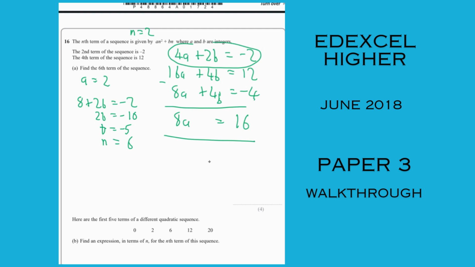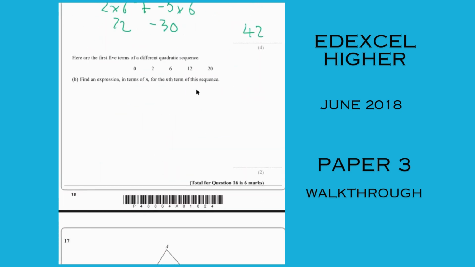A times N squared, that's 2 times 6 squared, so that's 72, added to B times N. That's -5 multiplied by 6. So basically it's 72 minus 30 to give us 42. Strange question that, but there we go.